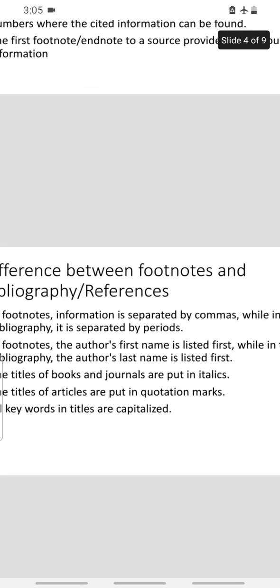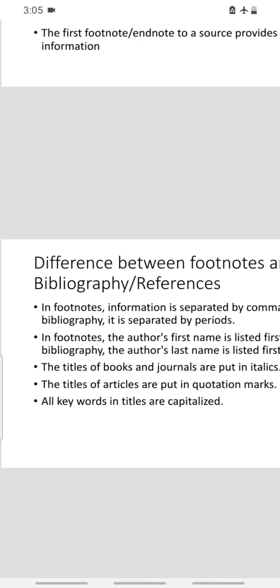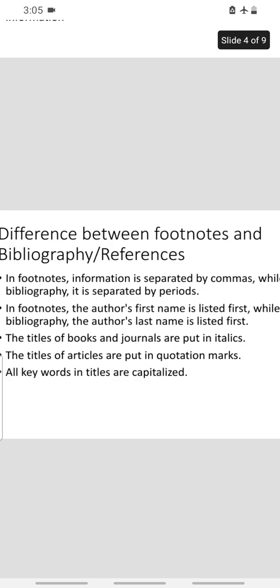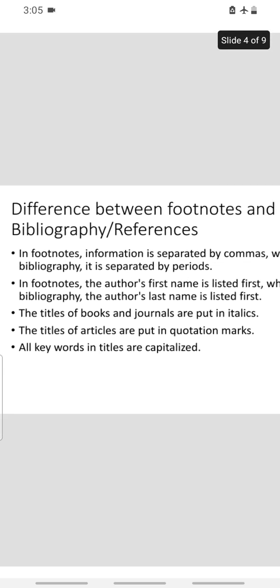In footnotes, the author's name is listed first, while in the bibliography, the author's last name is listed first, as we have already discussed. In bibliography or references, the last name is given in the beginning, and then the first letter of the first name. And in footnotes, we write the first name and then the last name.